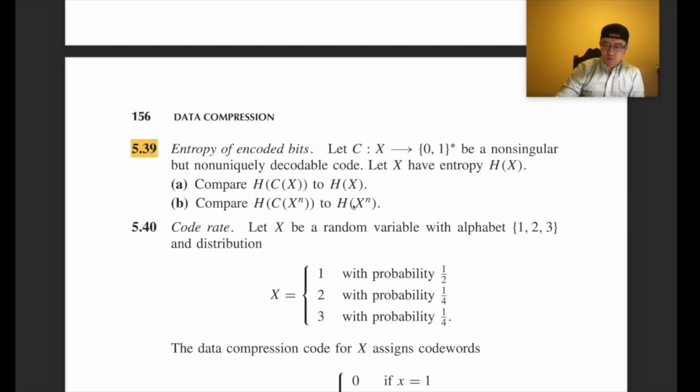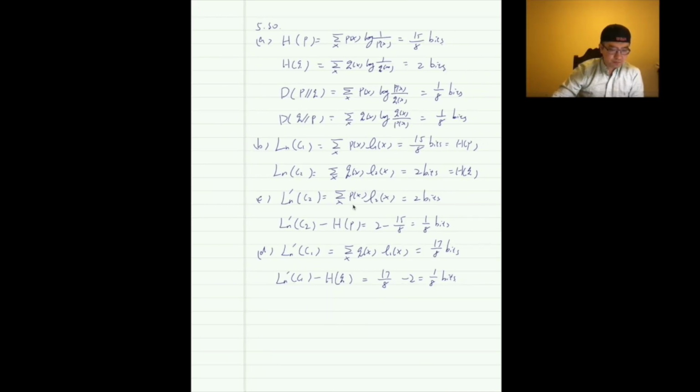So let's do that. We know the code for X is that. Non-singular means that we have a one-to-one mapping, but it's not uniquely decodable, meaning that if we consider a sequence of the code words, the mapping is not one-to-one.